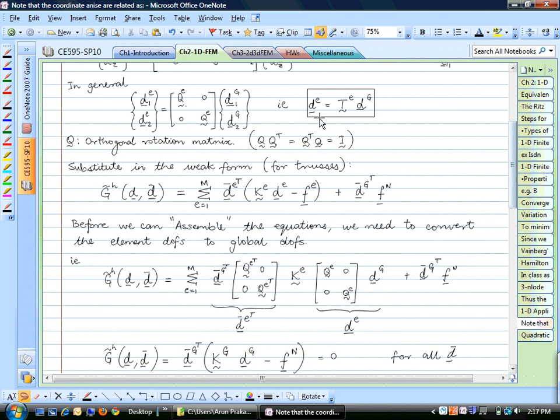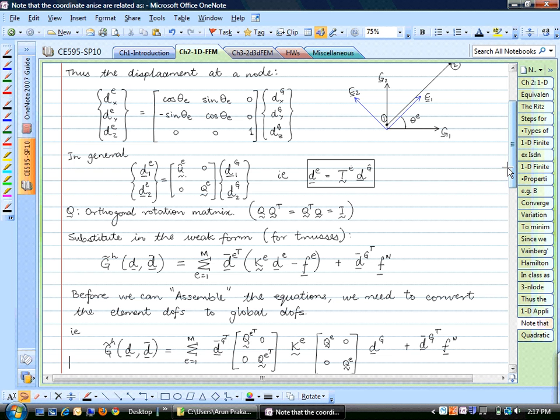you will see that you can write out your element transformation matrix with a T. In this case, this d element is actually the degrees of freedom at the two nodes. For example, at node 1, we will have x, y, and z. So this right here is a 3 cross 1. This again is a 3 cross 1. So the total size of this vector is 6 cross 1.